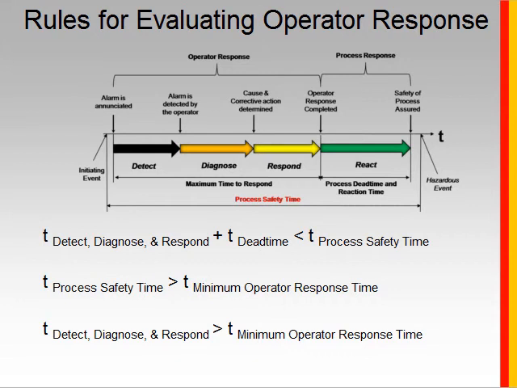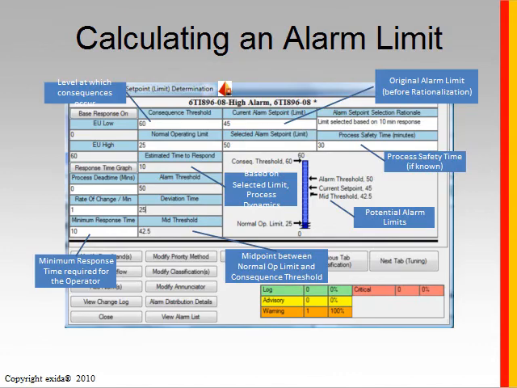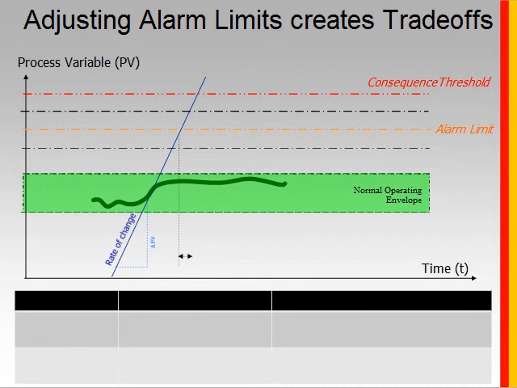And of course, the time that the operator has to respond is affected by the limit that we set for the alarm. Here's an example of how a tool is used. This is actually Exida's new cell alarm tool, and it uses information on the process dynamics, the rate of change, and again the minimum response time and process safety time, all to calculate the potential alarm limit that should be used with a particular alarm.